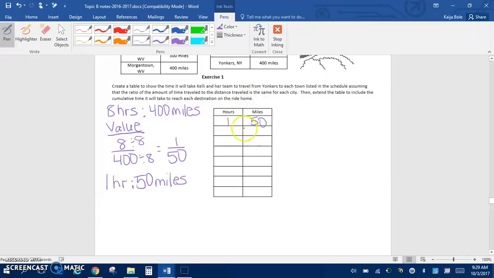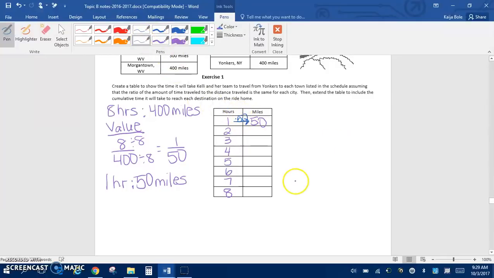So now we're going to use that value to fill in the rest of the table. You can think about it two ways. One way is that we're adding 1 on the hour side, going down. So this would be 2, 3, 4, 5, we're going to keep going, 6, 7, 8. And then when we go across here, we are multiplying by 50 every time.